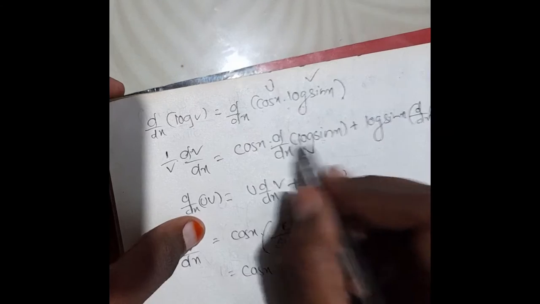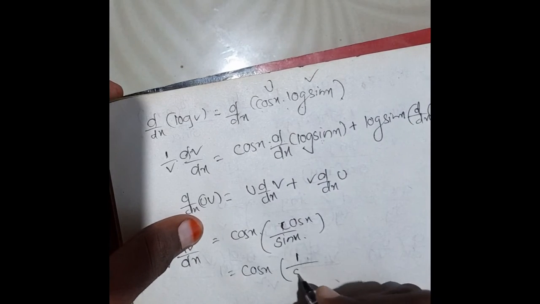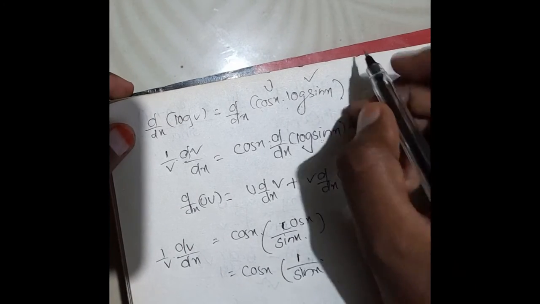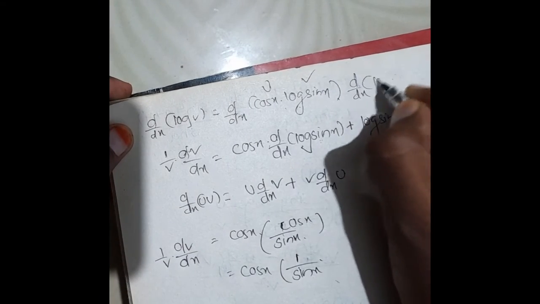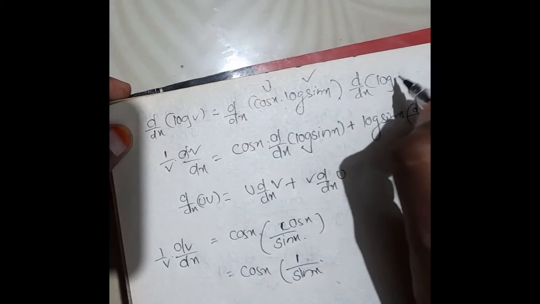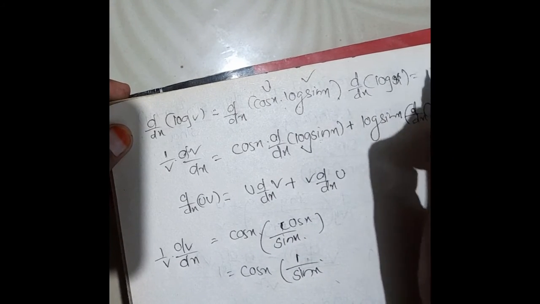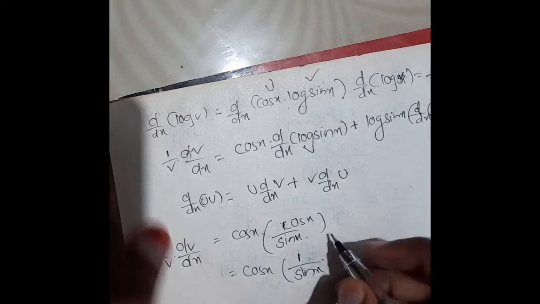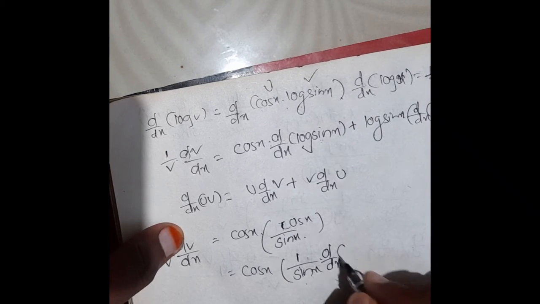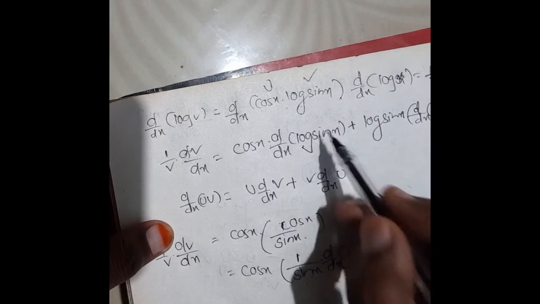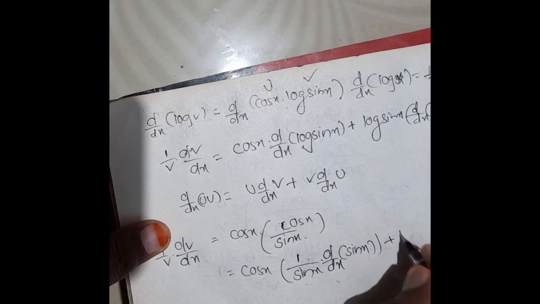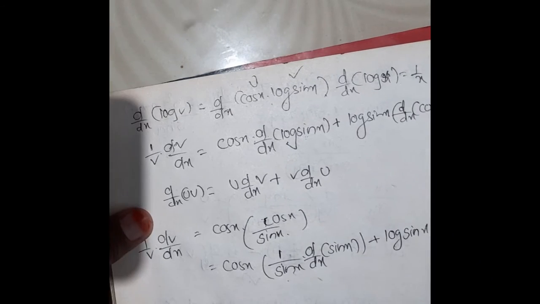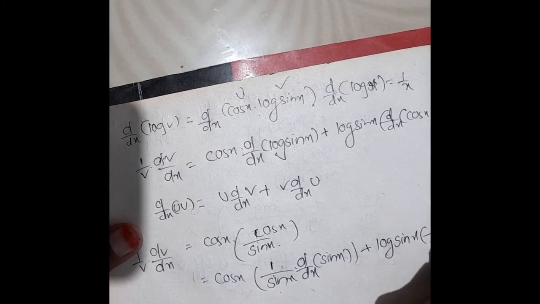What is d by dx of log of sin x? First it is 1 by sin x. Why? Because d by dx of log x generally is 1 by x, but in the place of x we have sin x, so 1 by sin x, and we have to differentiate it again because we don't have x there, we have sin x, plus log sin x into d by dx of cos x, which is minus sin x.